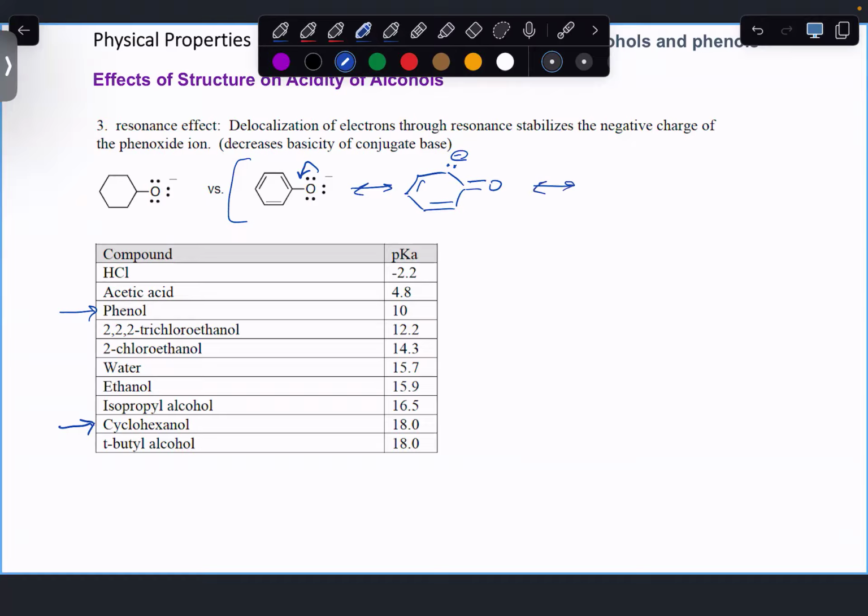And there's a couple more as well. So there's a whole bunch of resonance forms associated with phenoxide that other alcohols don't have access to. And again, the more you can delocalize the negative charge, the more you can delocalize the electron density, the more stable the structure.